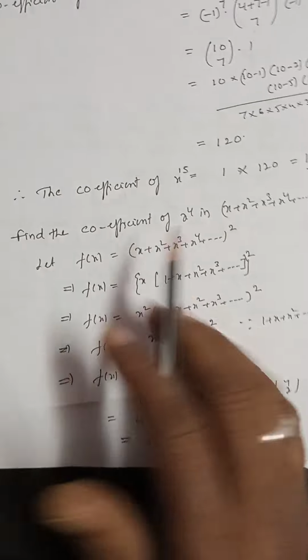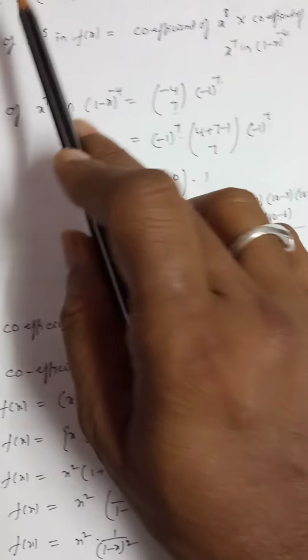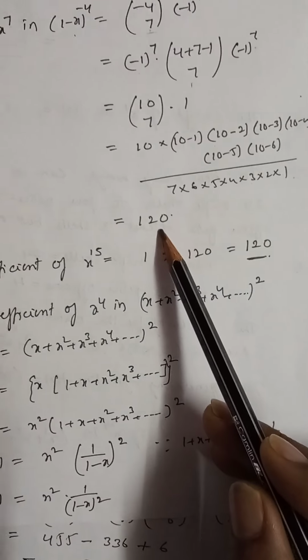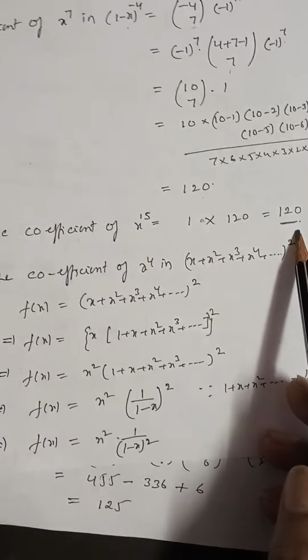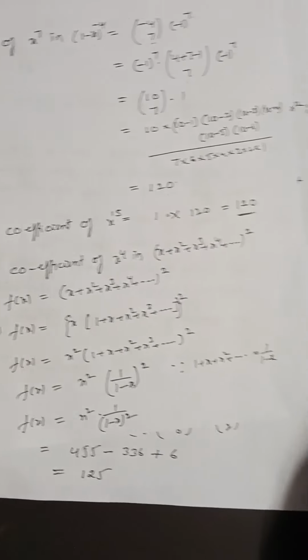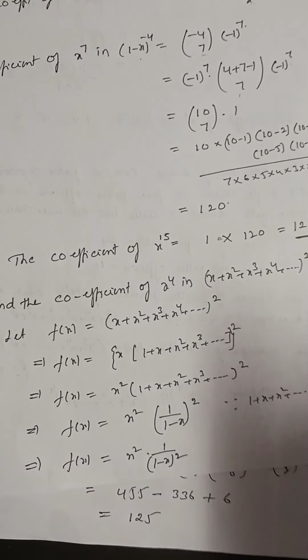Therefore the coefficient of x power 15 is nothing but what? The coefficient of x power 8 is 1, no? Into what is the coefficient of x power 7 here? 120. Therefore 1 into 120, that is equal to 120. This is the coefficient of x power 15 in the given function f of x, right?